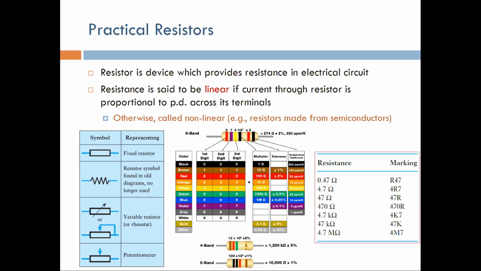And Doctor, the 5-band resistor down below. Yes. Actually, there's a band here in the middle, but it's not very clear. There's a fourth band here, but it's exactly the same color as the background, so it might not be clear on the screen.